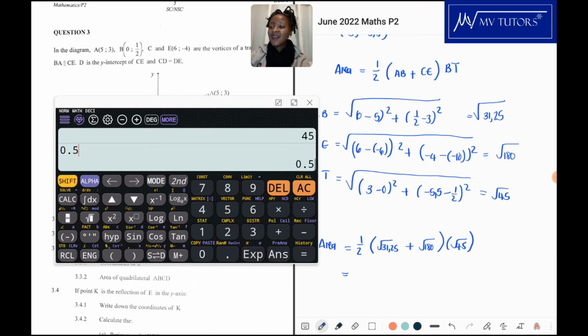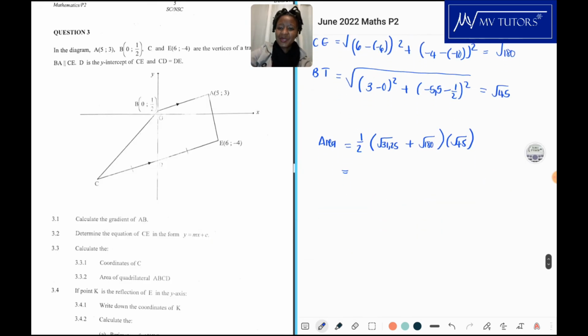So I have a half, and I have root 31,25 plus root 180 multiplied by root 45, and our answer is finally 63,75. Wow guys, this was work but it was nice. 63,75 units squared. That is the area.